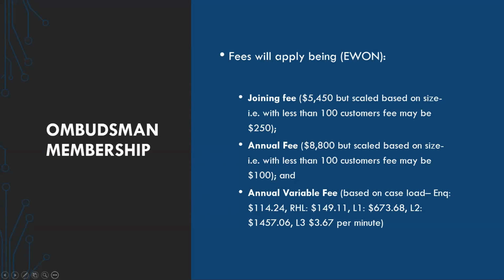And a complaint that can be quite complicated can easily escalate up until level 1, level 2, level 3, where for an exempt operator, that may have a reasonably significant impact on the profitability of their operation.